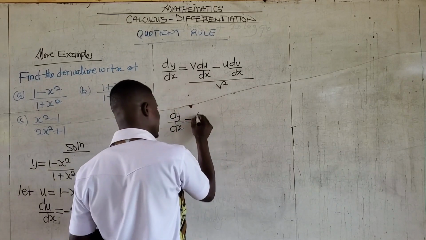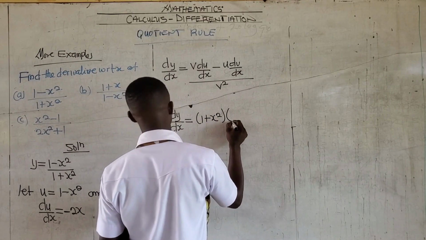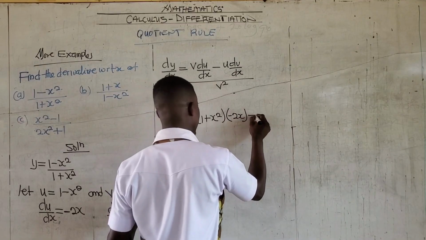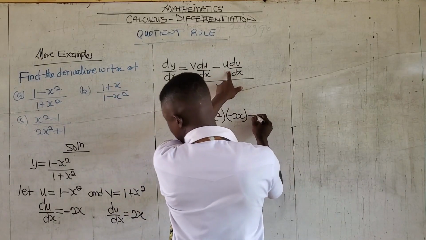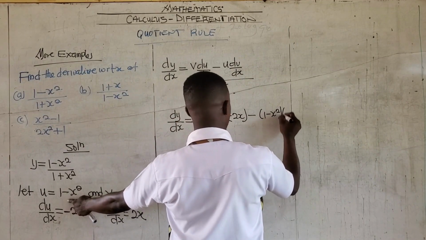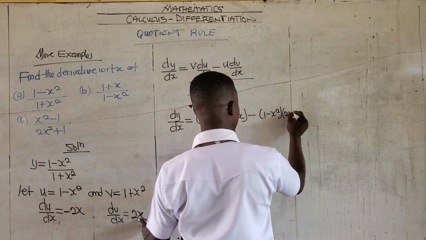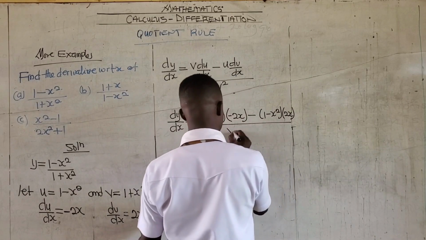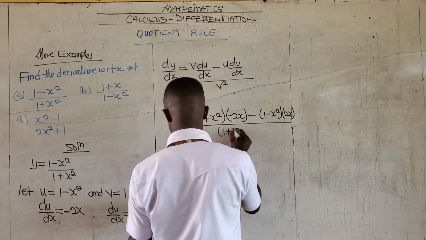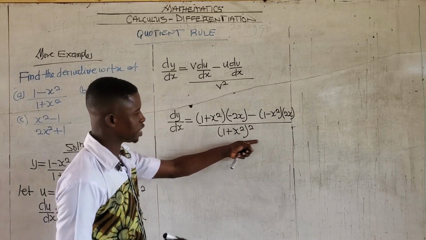What is v? v is 1 plus x squared, multiplying du over dx, which is negative 2x, minus u. u is 1 minus x squared, multiplying dv over dx, that is 2x, all divided by the square of v. v is 1 plus x squared, all squared. Good. And you don't waste time to expand this expression.